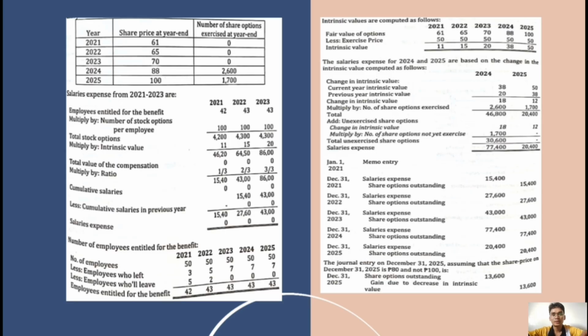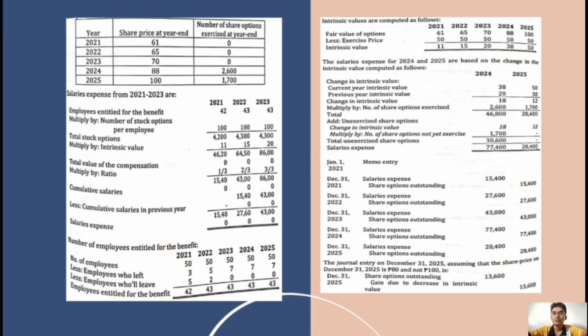For the adjustment of share price change in 2025, the table assumes that in 2025 the share price reaches $100. However, if the actual share price is $80 instead of $100, there is a decrease in intrinsic value, requiring an adjustment. The intrinsic value at $80 would be 30 instead of 15. So an adjustment of $13,600 is recorded.